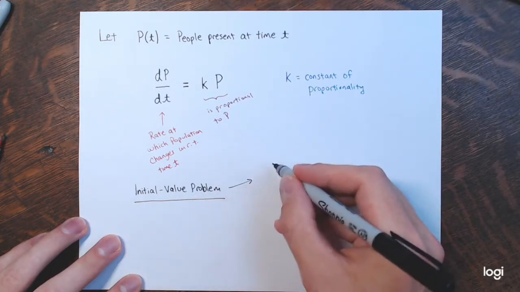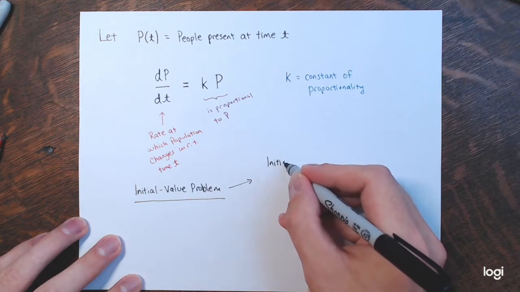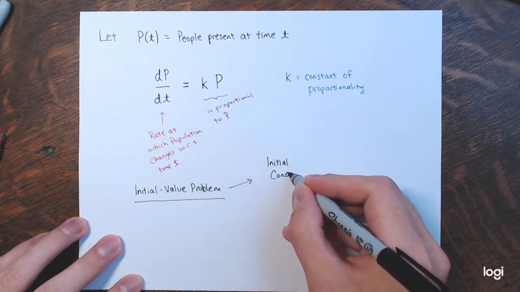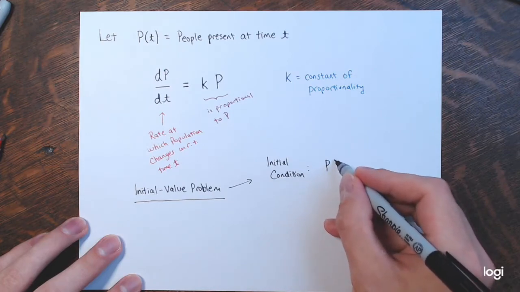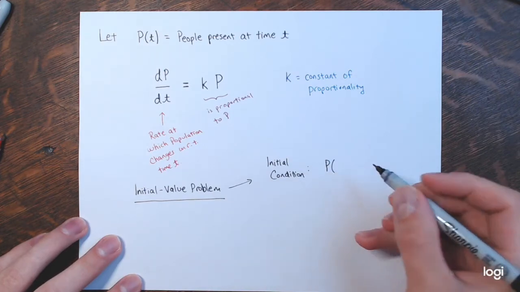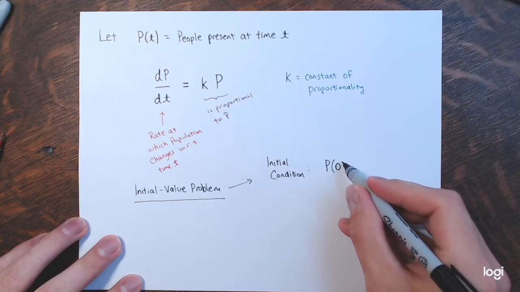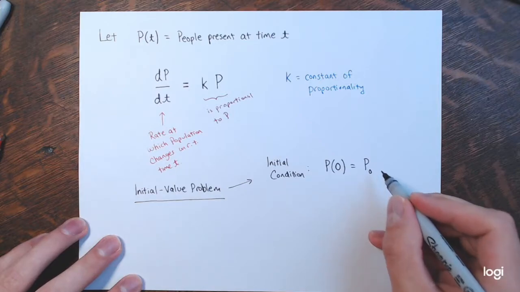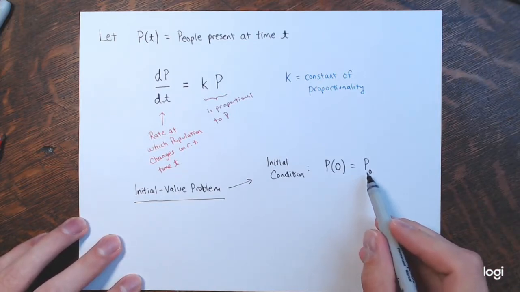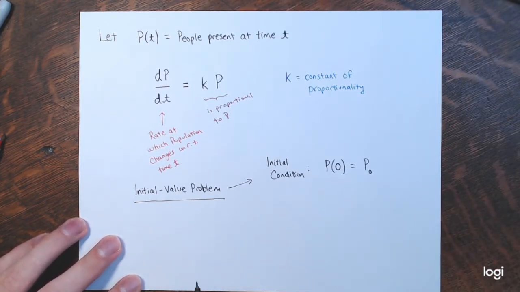The initial condition given to us is that the population at time 0, the initial population, is p sub 0. Again, some unknown value, but there's your initial population.